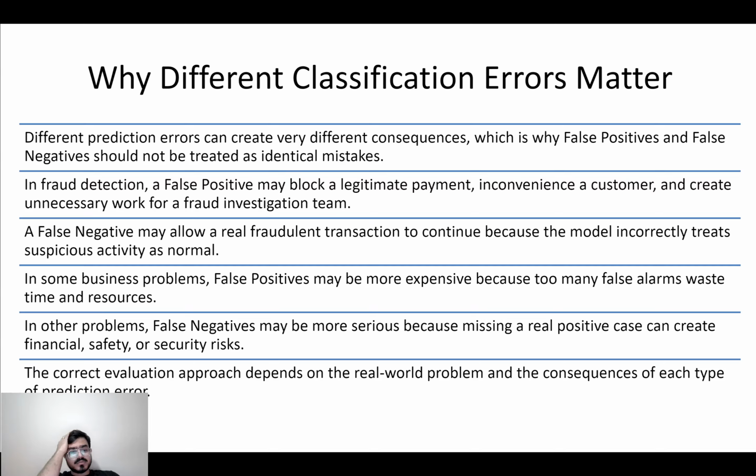Instead, they choose evaluation metrics based on the type of mistakes that are most important to reduce. This is one of the main reasons why understanding the confusion matrix is so valuable. It helps us identify not only how many mistakes the model makes, but also which mistakes are the most important. Let's look at a few more real-world examples to see how the idea applies to different machine learning systems.